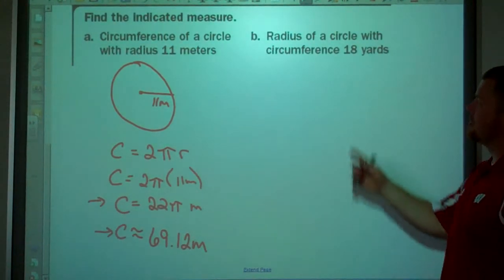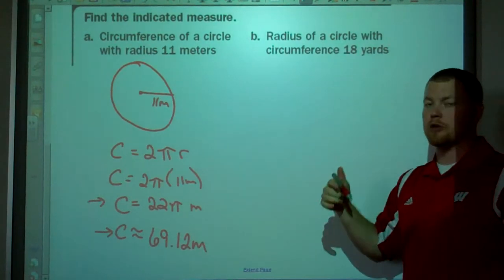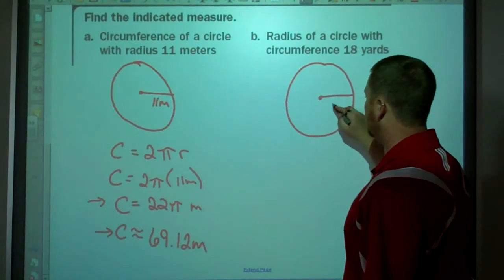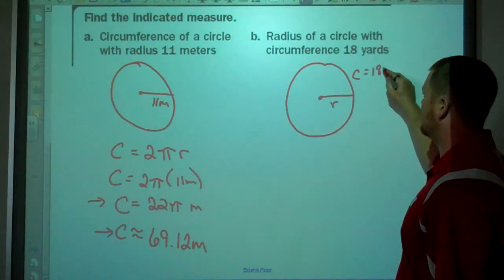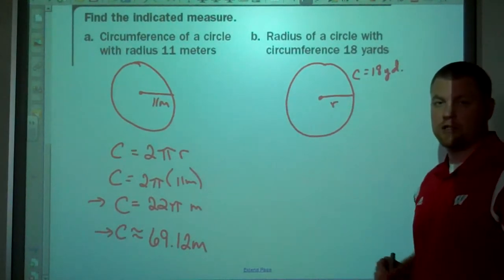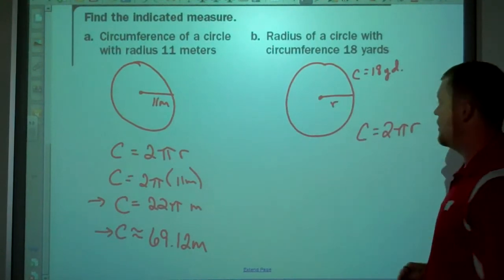The radius of a circle with circumference 18 yards. This is kind of going in reverse. So again, you have a circle, but now we're trying to find the radius. We don't know the radius, but we know the circumference is 18 yards. We're talking about circumference, we need the radius, and I'm using this same equation. C equals 2 pi r.